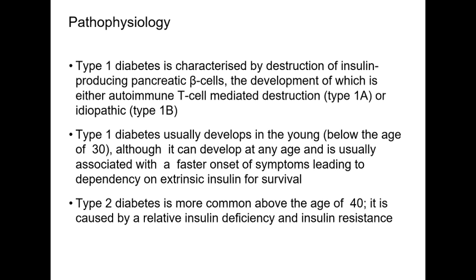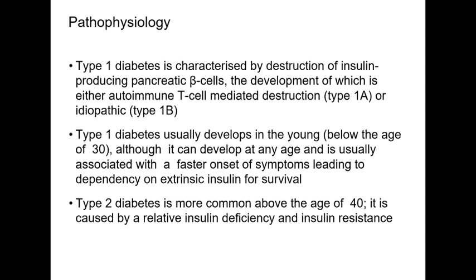And in cases where this destruction is slow, the symptoms start appearing somewhere in the teenage or early 20s. So by 30, most of these patients are diagnosed with diabetes mellitus.